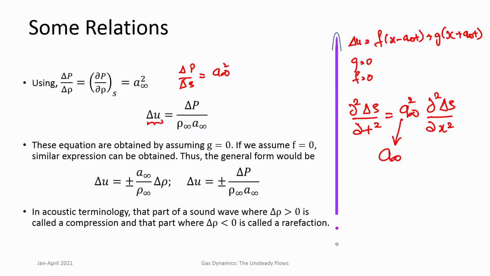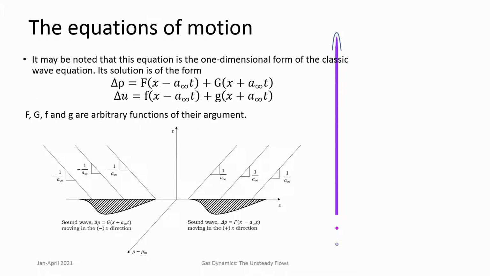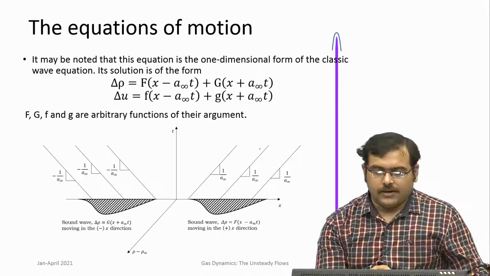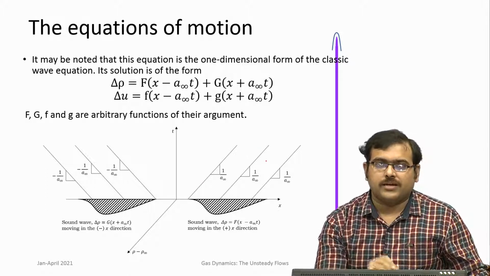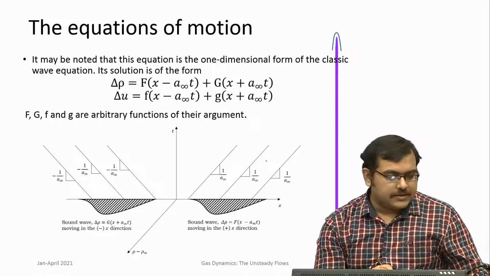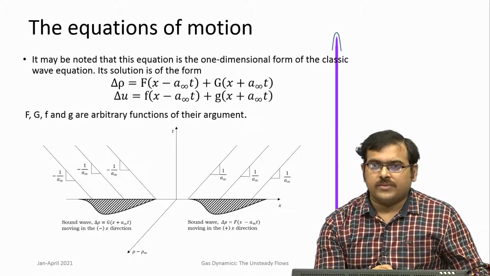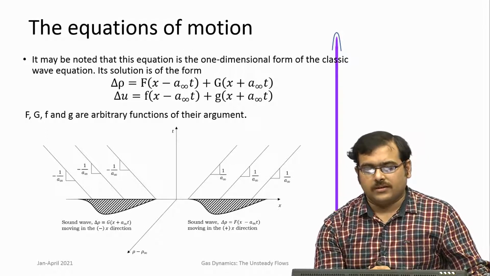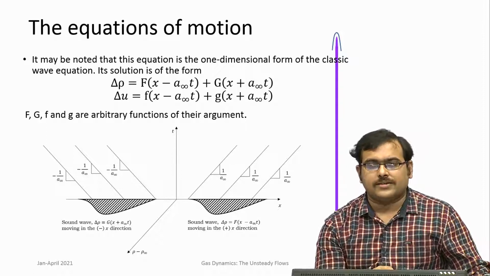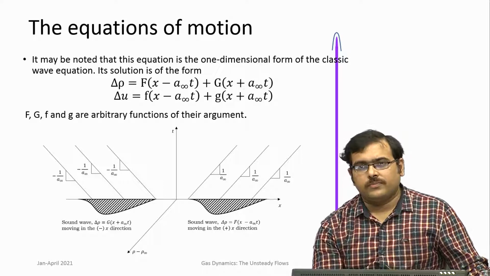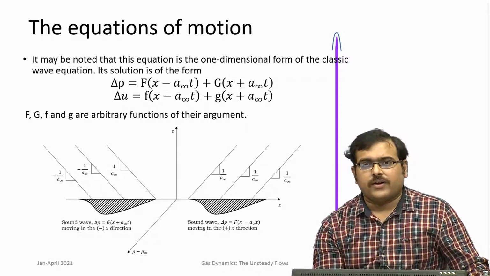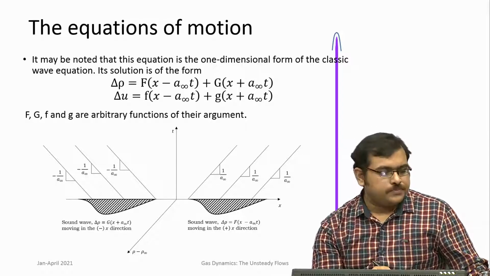In this, if there was an initial waveform, it just propagates along these lines. These are lines of propagation. They are also known as characteristics, and this methodology, the way they propagate along certain lines known as characteristics, will be very useful when we look at finite amplitude waves.